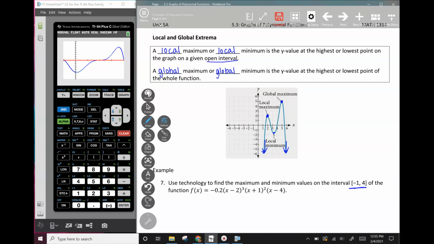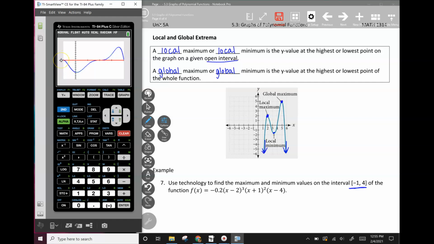So if you read the definition, it says a local maximum is the y value at the highest or lowest point on the graph on a given open interval. And so because the interval that we're looking at cuts off at -1, I can't put an open interval around -1 to call that a maximum.